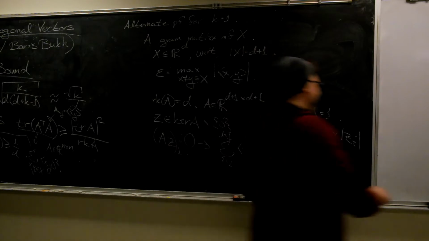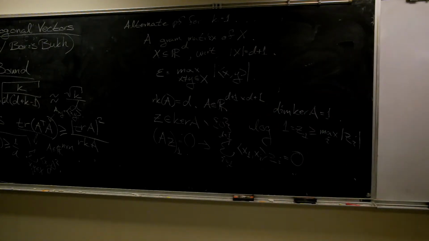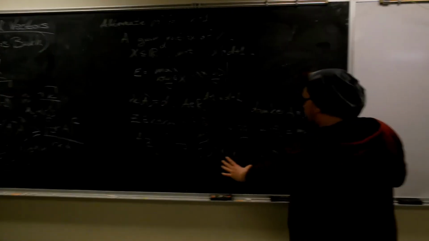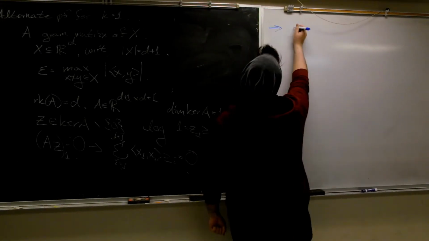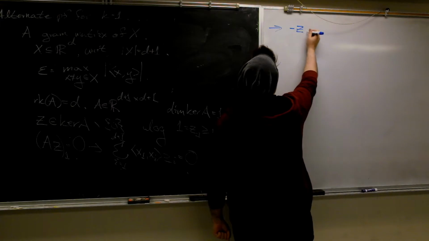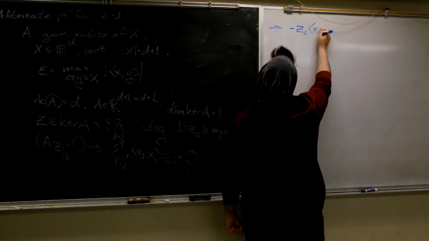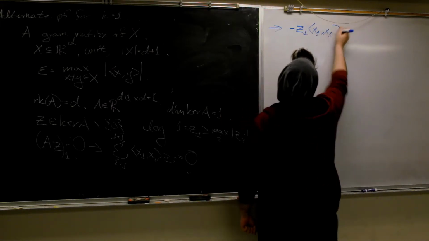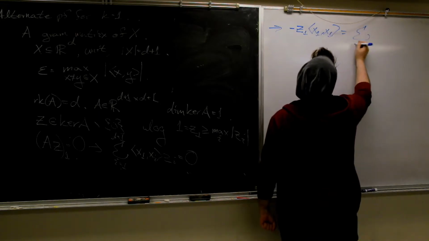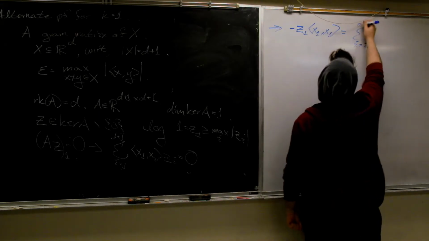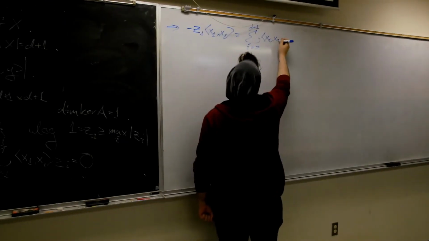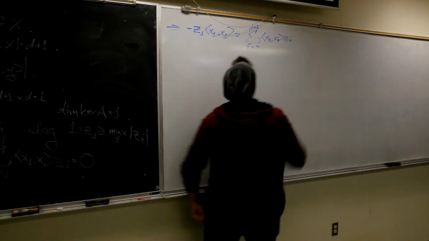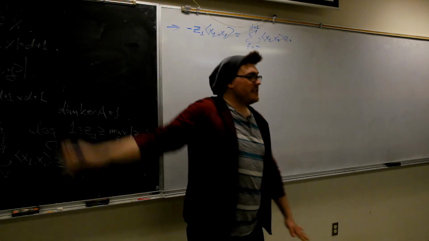Let's try the switch. So let's pull out the first term. This tells me that I would have negative z1 times the inner product of x1 with x1, and this is equal to the sum over all i equals 2 to d plus 1 of the inner product of x1 with xi, times zi. All I did was move the first term over.